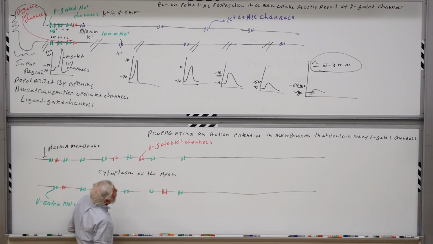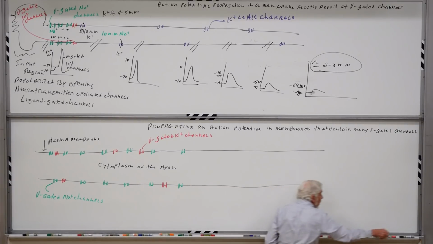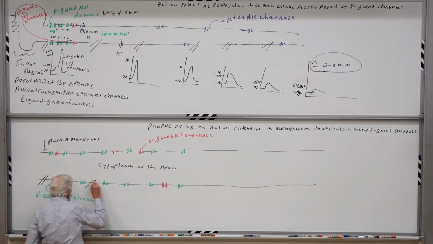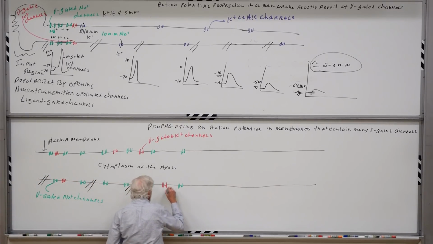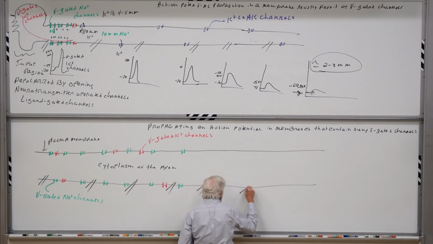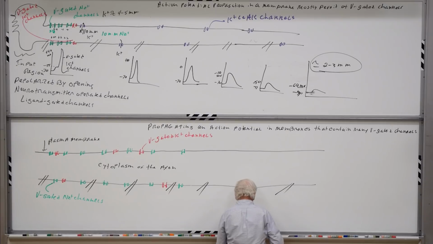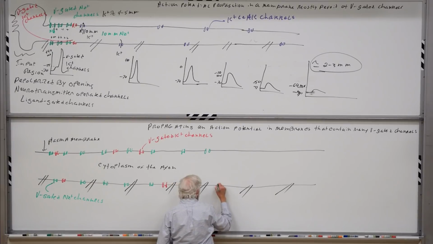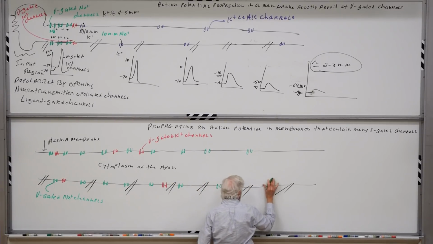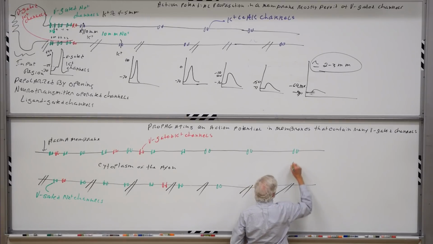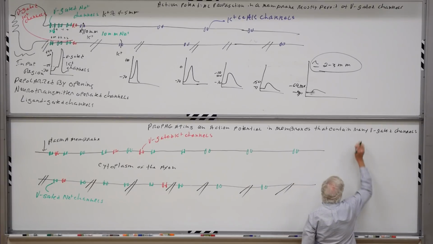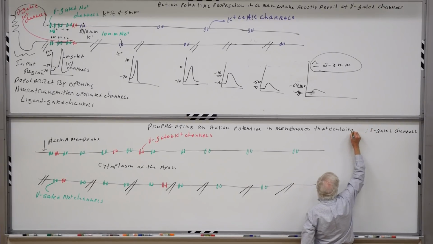Now let's repeat the pattern we have in the upper board and simply draw in, at intervals along the length, our imaginary electrodes, which will now allow us to take measurements at intervals along the axon. I don't want to belabor it too much, but all of these voltage-gated sodium channels are evenly distributed along the membrane. Let me, in fact, change this from many to evenly distributed.